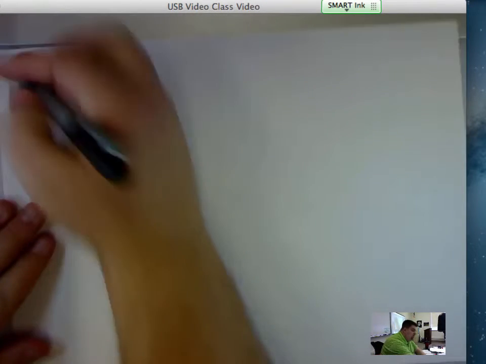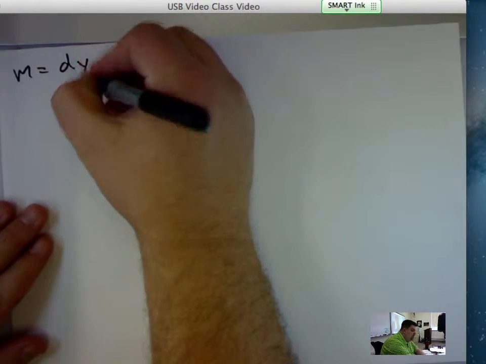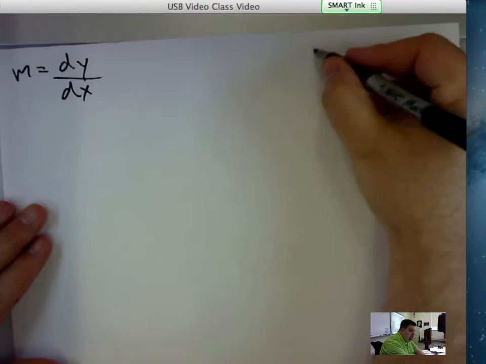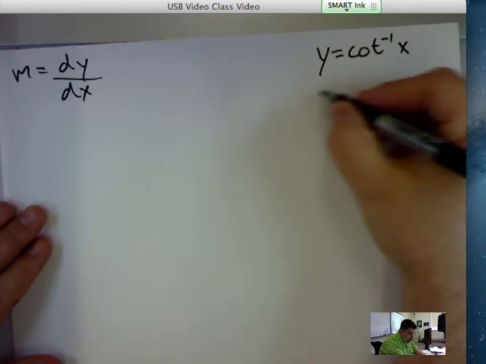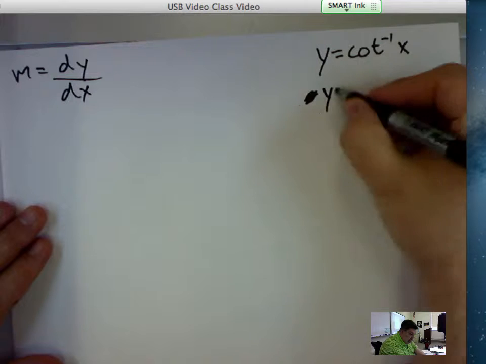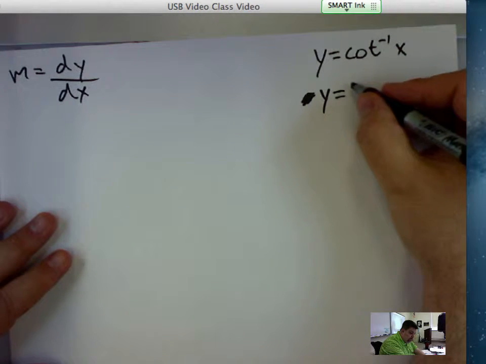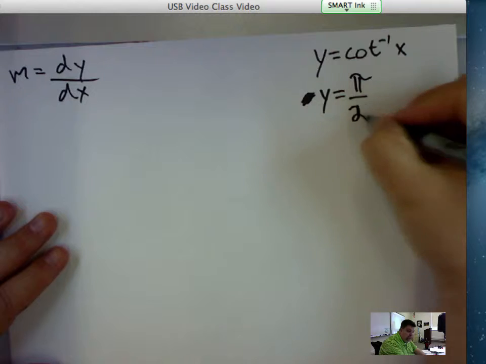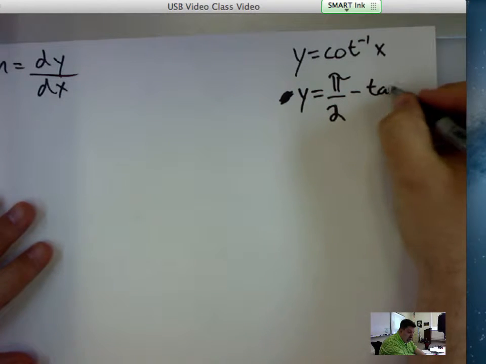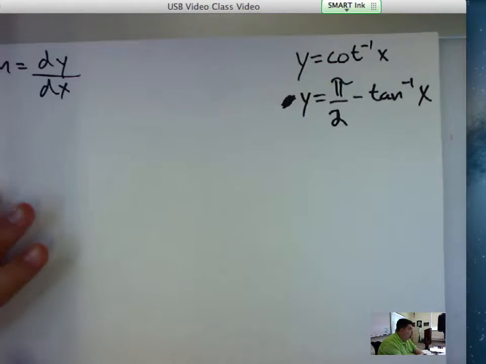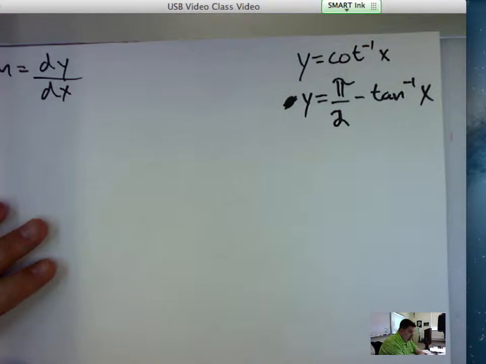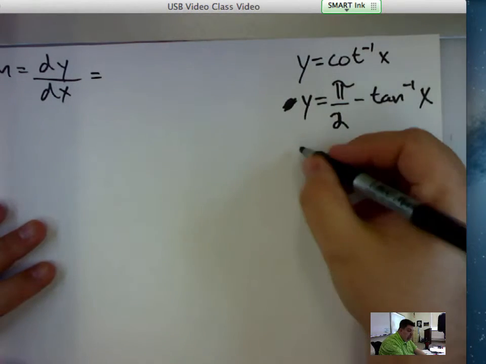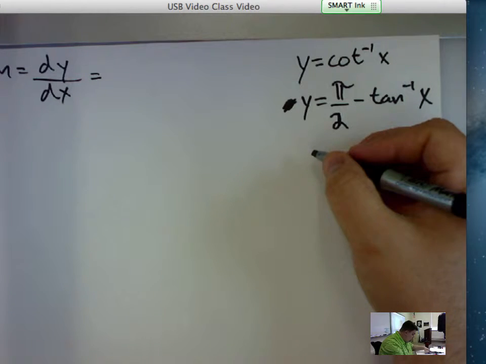Now, with that being said, the next thing I need to do is find the slope. So the slope is equal to dy dx, right? And we said that y was equal to cotangent inverse of x, which was also equal to pi over 2 minus the arctangent, or the inverse of tangent of x. So what we need to do is find dy dx of this.